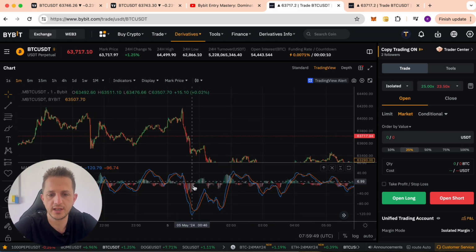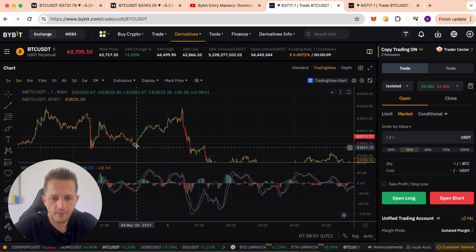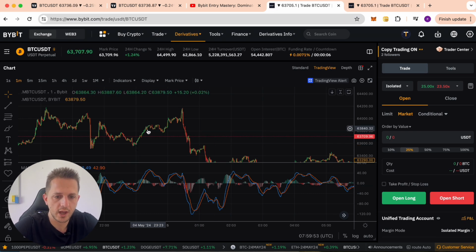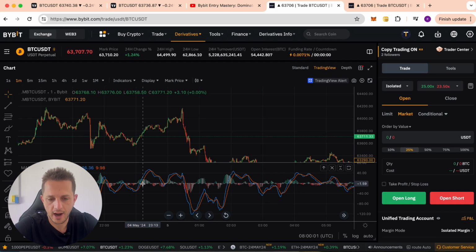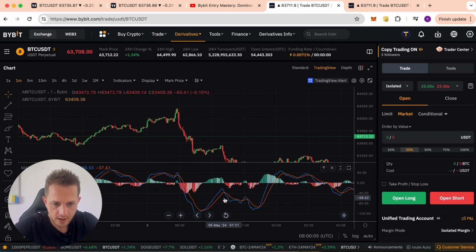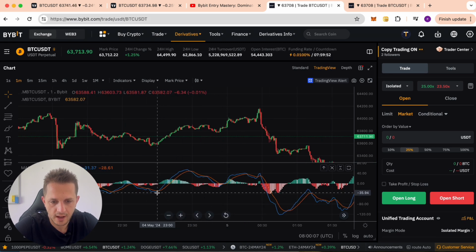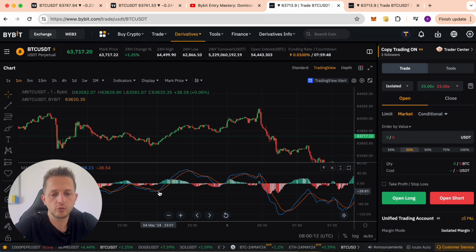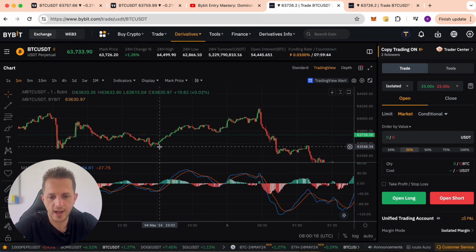For example, here we can see that the price is going up. In fact, it's followed by the blue line that is above the orange line. When you see this blue line about to cross the orange line, it means that the trend is changing.